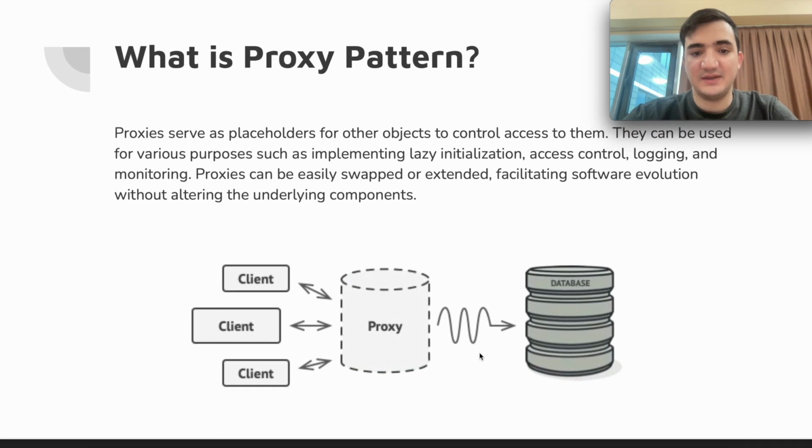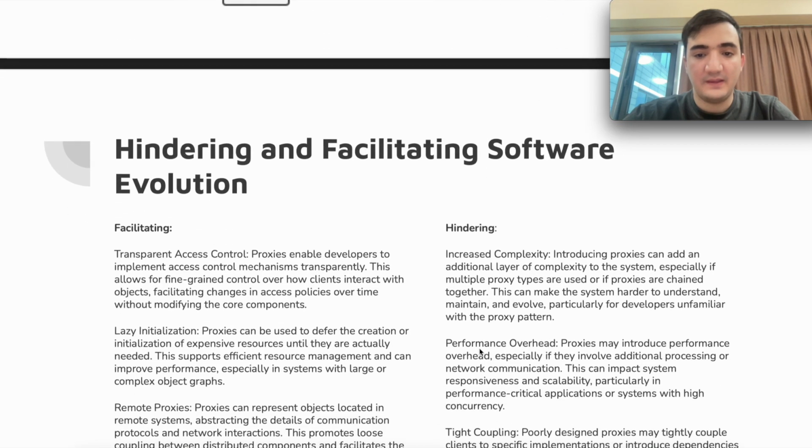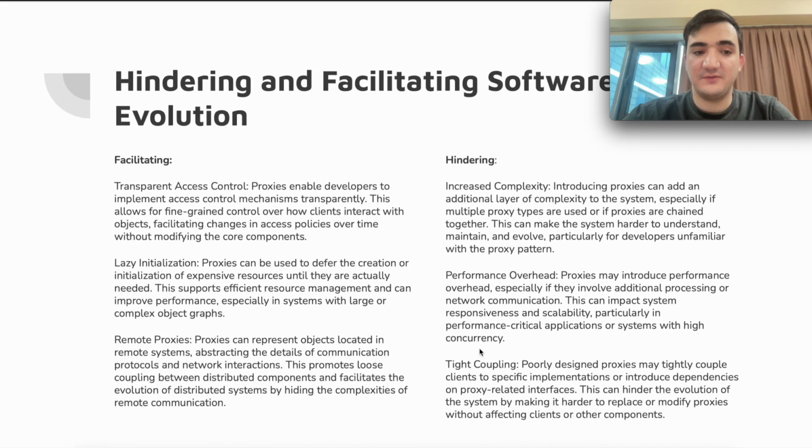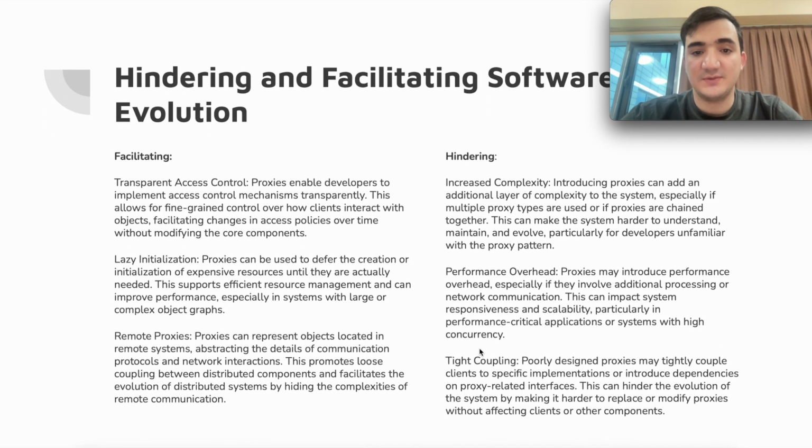Let's look at how this impacts software evolution and how it hinders it and how it also facilitates it. So in terms of facilitating software evolution, proxy pattern promotes transparent access control, which allows developers to implement access control mechanisms very transparently, where they can see the features and functions.